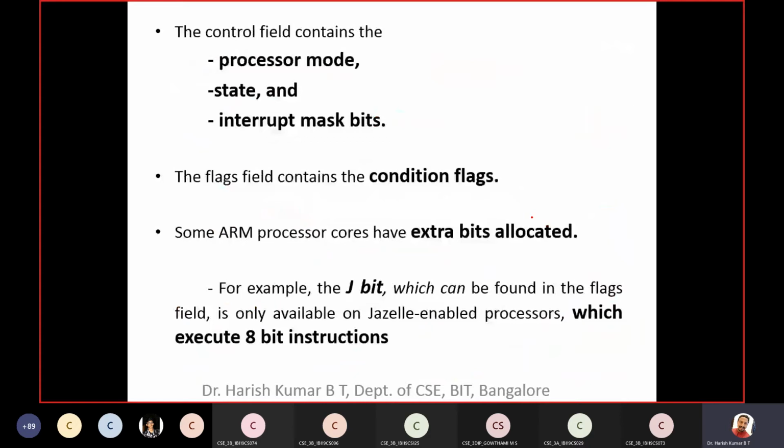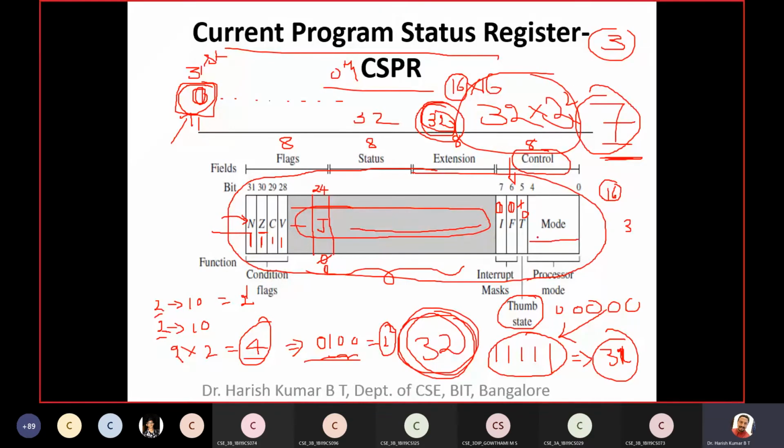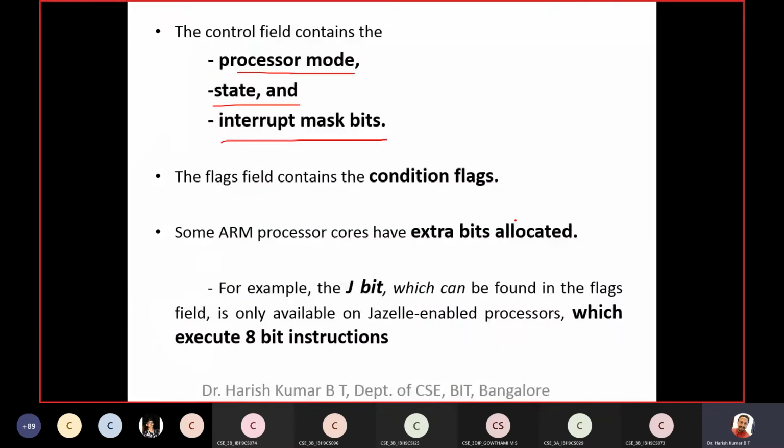The control field contains the processor mode, the Thumb state, and the interrupt mask bits: the slow interrupt mask bit and the fast interrupt mask bit. Hope people are able to understand. Yes, sir. Then the flag field contains the conditional flags.